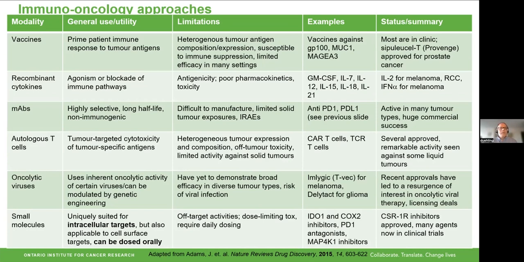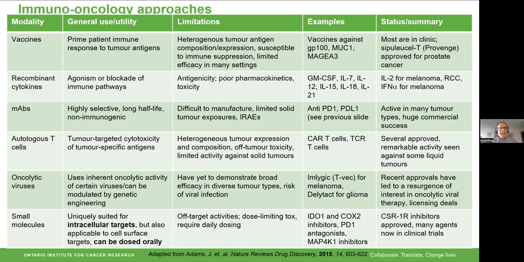And we have recombinant cytokines such as IL-2, which have been around for a while. And of course, monoclonal antibodies and CAR T cells are the two approaches I spoke of earlier. And we have oncolytic viruses, where there has now been a resurgence of research due to some recent approvals. All of these drugs are biologics.